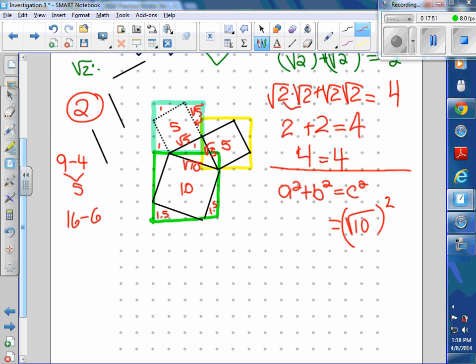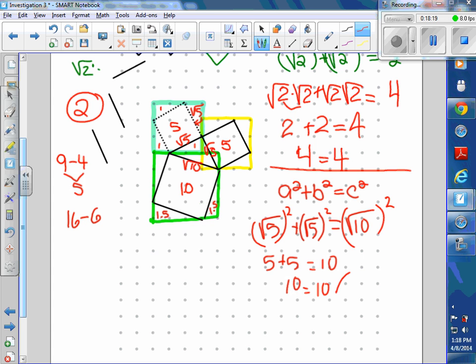A and b are the same, right? What are they? Square root of 5 squared, right? So this is 5 plus 5 equals 10. Does it work? Yeah, 10 equals 10, so you've just shown the Pythagorean theorem works.